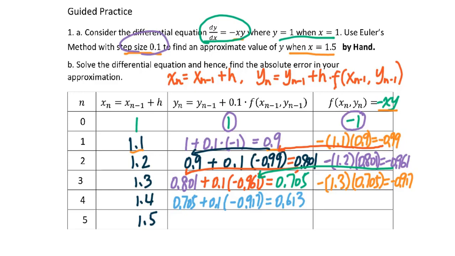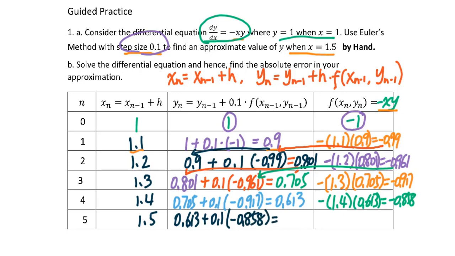So for here, you will get negative 1.4 times 0.613 equals negative 0.858. So 0.613 here plus 0.1 times negative 0.858 equals 0.527. This will be the approximate value of y when x equals 1.5 by Euler's method.